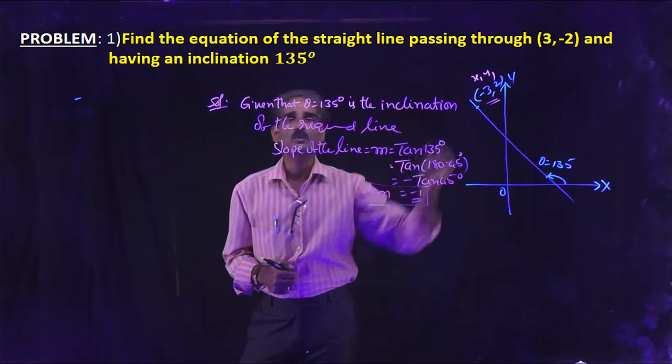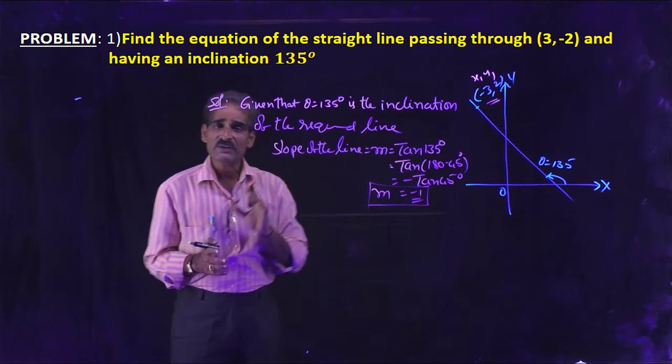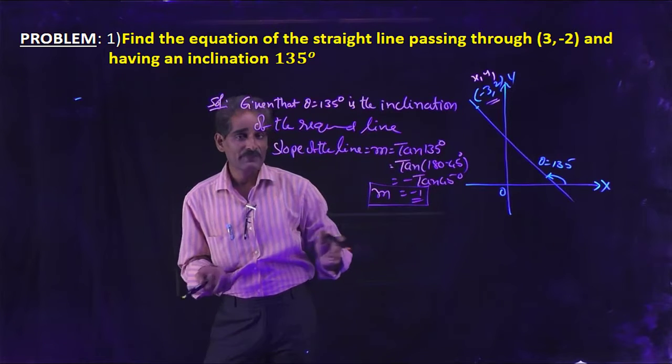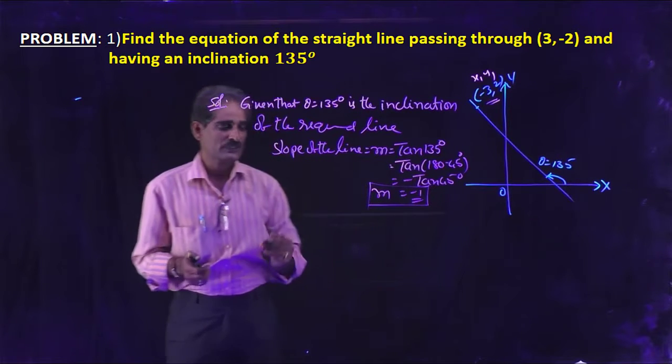It is passing through the point minus 3 comma 2. Now the equation of the line having slope m and passing through x1, y1 is y minus y1 equal to m into x minus x1.